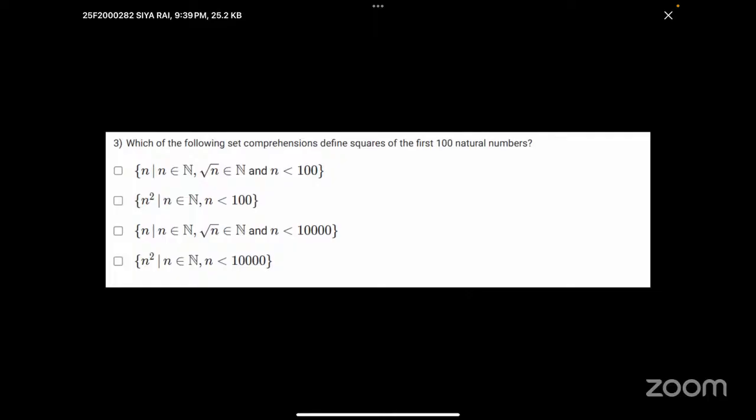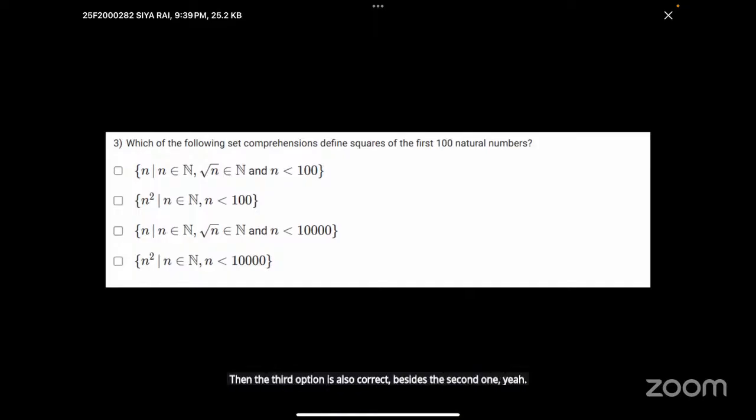Ma'am, will the answer be the second option? Yeah, obvious, right? But ma'am, it's a multiple choice, so should there be another option? Is it multiple choice or multiple select? Ma'am, multiple select, sorry. Ma'am, the third option is also correct besides the second one.